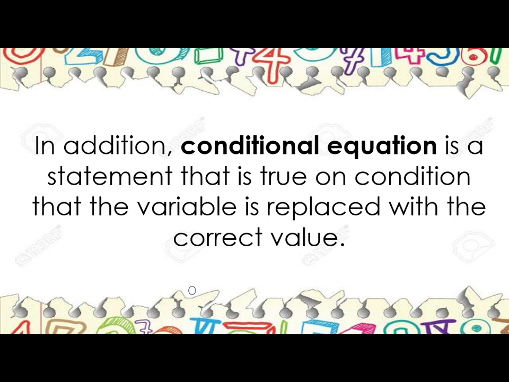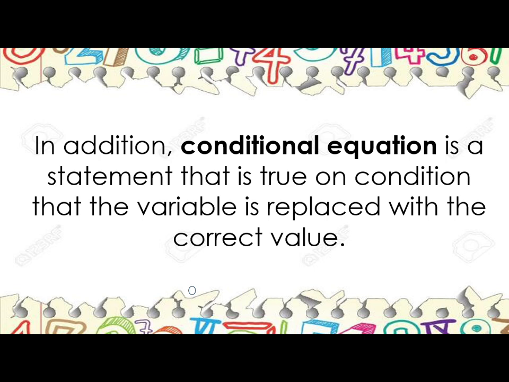The conditional equation refers to a statement that is true on condition that the variable is replaced with the correct value. If you replace the variable and it suits the correct answer, then that will be considered a conditional equation.